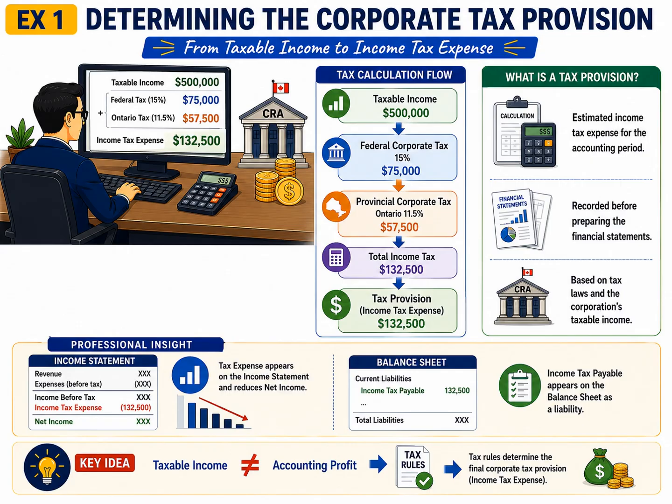In this example, the corporation operates entirely in Ontario, so Ontario's corporate tax rates are applied. The federal and provincial taxes are then combined to determine the corporation's total income tax for the year. This total amount becomes the corporation's tax provision, or income tax expense.